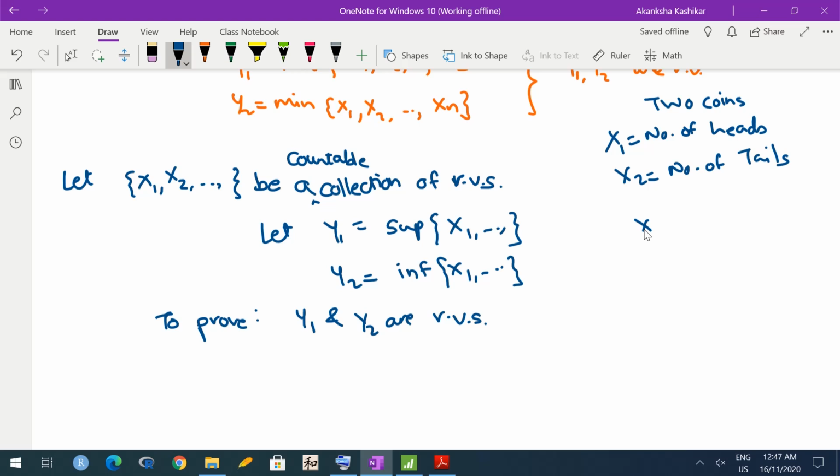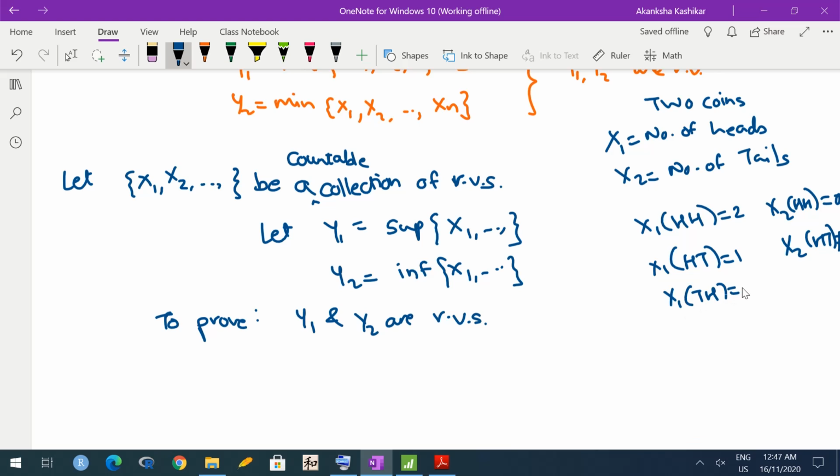Then X1(HH) is 2, X2(HH) is 0, X1(HT) is 1, X2(HT) is also 1, X1(TH) is 1, X2(TH) is also 1, X1(TT) is 0 and X2(TT) is 0. So for different omega, my X1 and X2 are different.